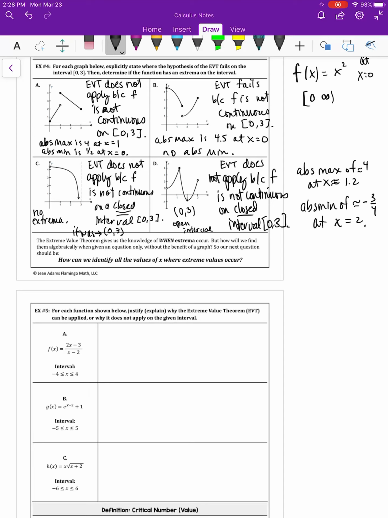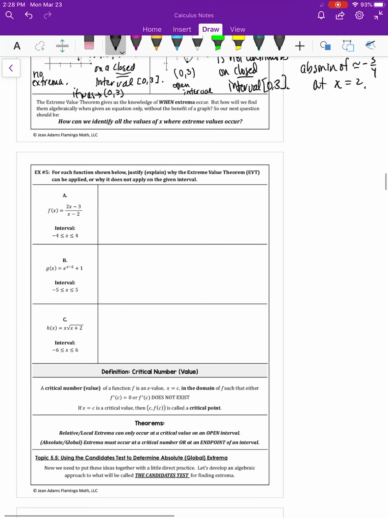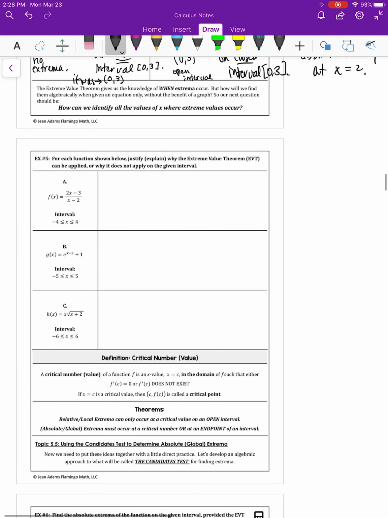So the extreme value theorem gives us the knowledge of when extrema occur, but how will we find them algebraically when given an equation only, without the benefit of a graph? So our next question should be, how can we identify all the values of x where extreme values occur?